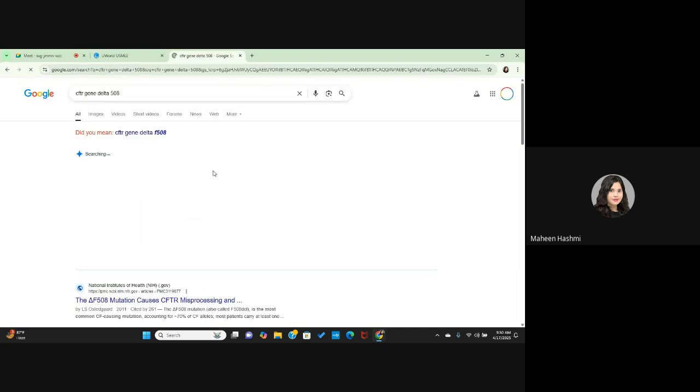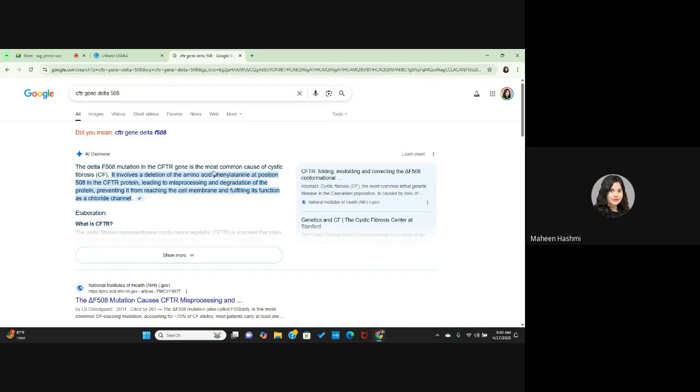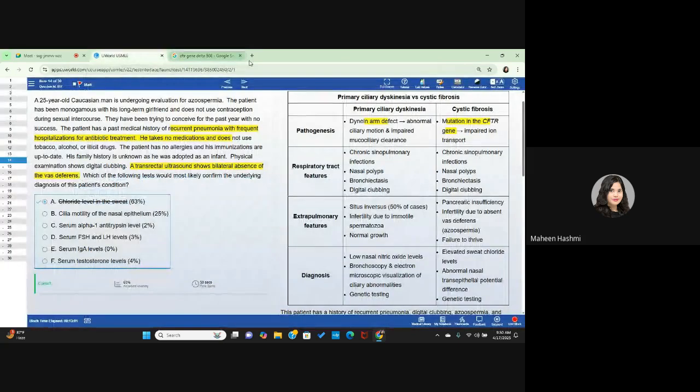It's really important because they ask about that. If you don't remember anything else, just remember that there's this delta F508 mutation in the CFTR gene. It's very high yield because they do ask that in the exam. I was also talking about the abnormal nasal transepithelial potential difference, and it usually comes out negative. So that's important.